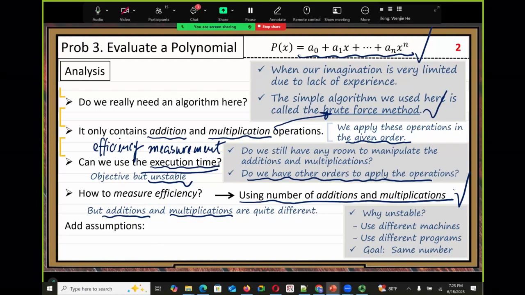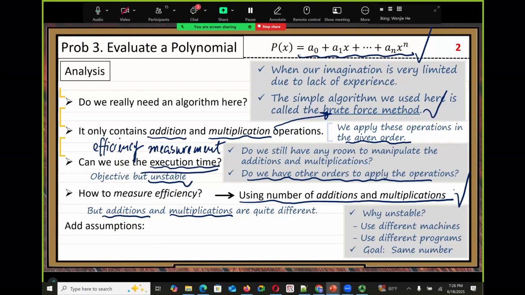When you compare two different objects, you have some problem. So we need to find a fair way to measure additions and multiplications using some unified way. Otherwise, it's not easy to compare.